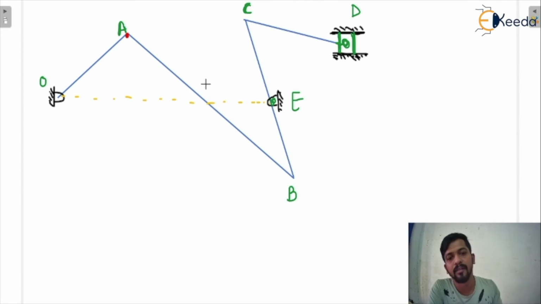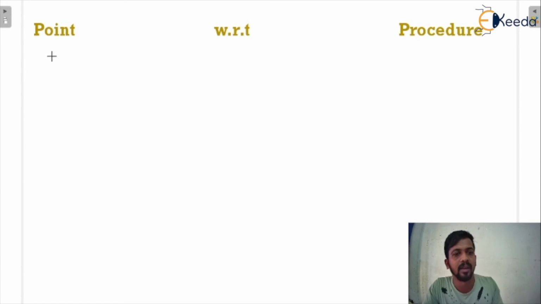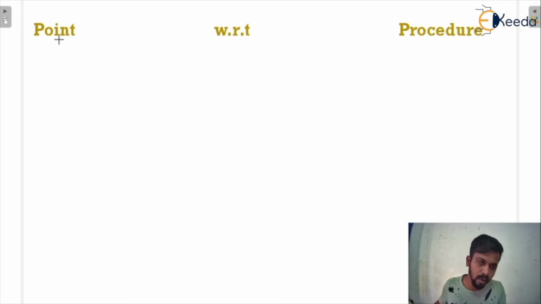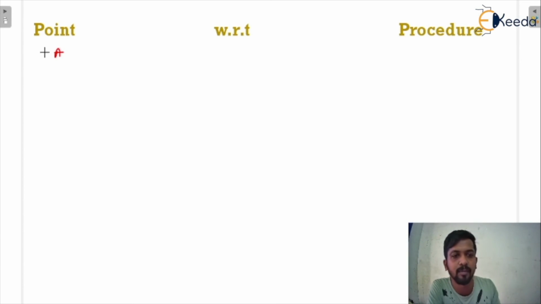If I'm talking about AB, here I'm going to write the velocity at point A with respect to O. It would be perpendicular to the line.